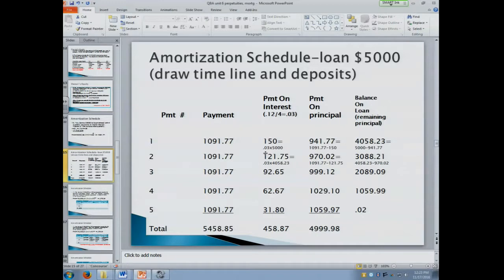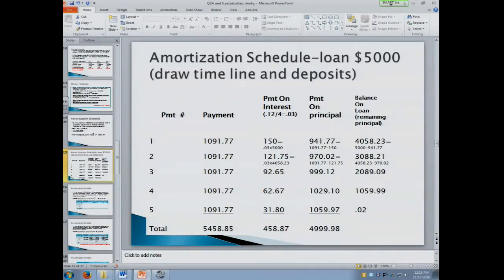Well, it was 0.03 times the $5,000. The first quarter I paid $150 on interest. Of this payment, $150 was interest. So to find out how much I paid down the principal, I say payment minus interest, and I get $941.77.